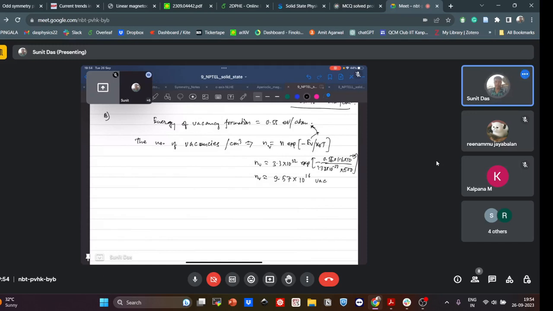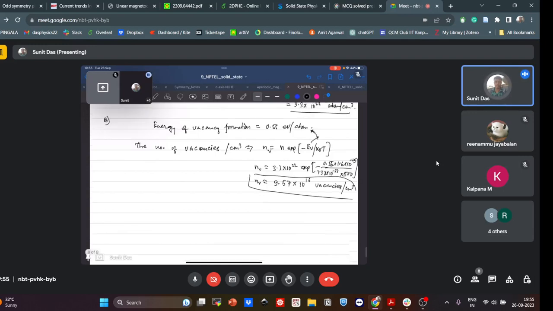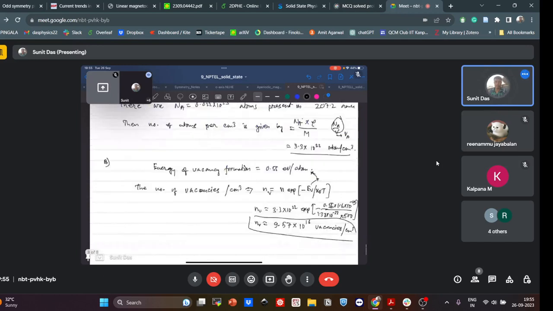That gives 10 to the power 16 vacancies per cm cube. Okay, so this is the final answer, 9.57 into 10 to the power 16.